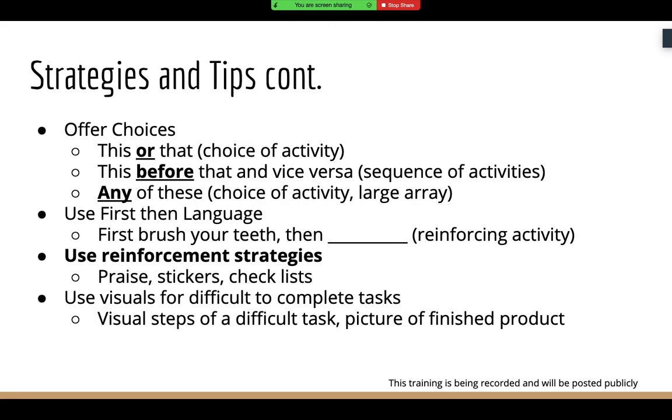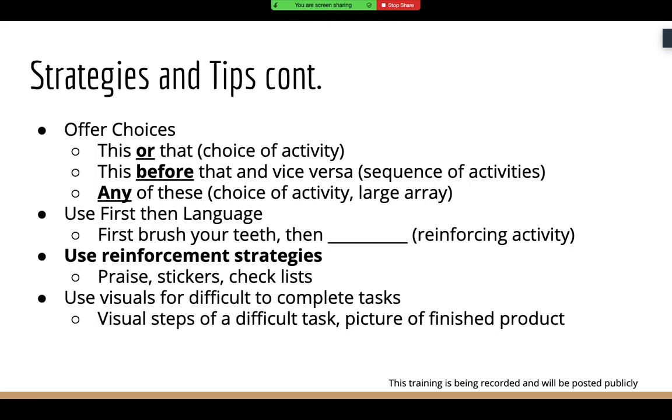And then use visuals for difficult to complete tasks. If it's something that the child might not fully know how to do by themselves, and maybe they're resistant because they don't know how to do the activity, then using visuals is a really great way to break the task down into manageable steps.